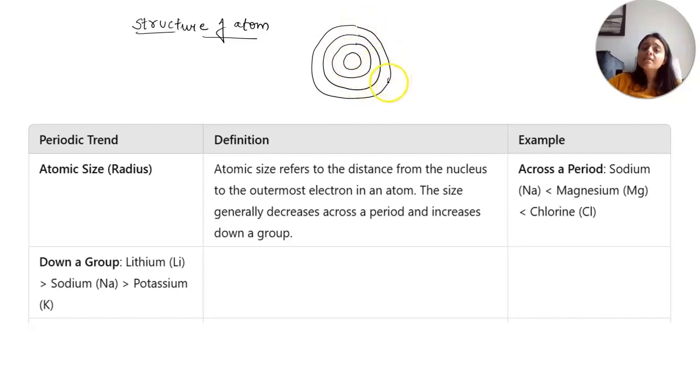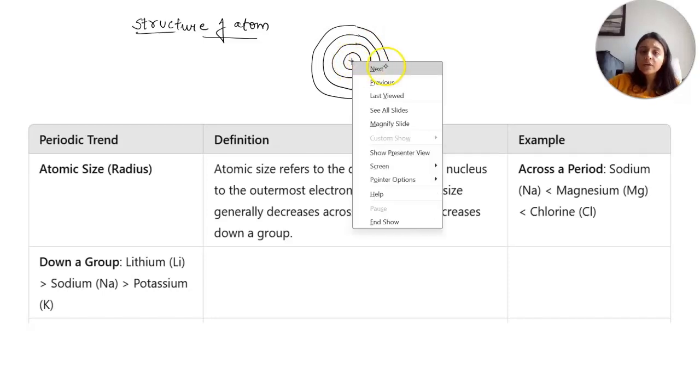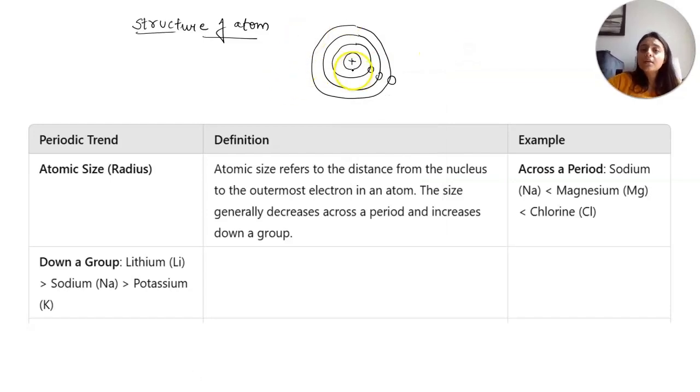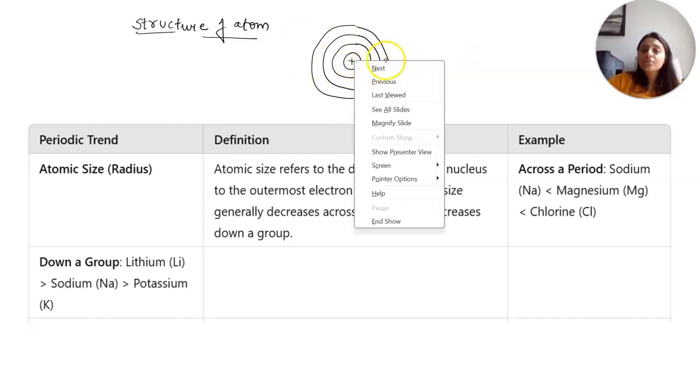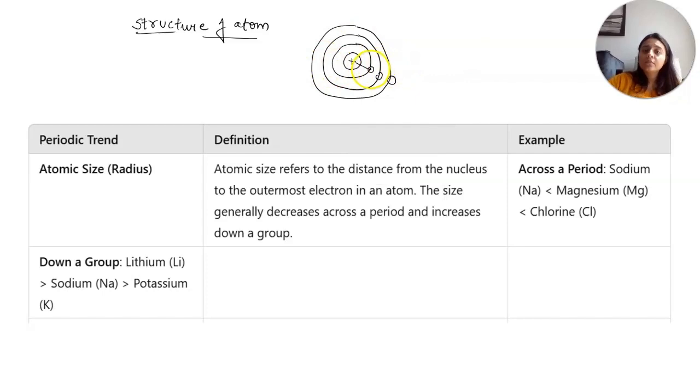These are the electrons present in the energy shells. This is the nucleus. From the nucleus to the last electronic shell, you can see this is considered as the radius of the atom. So the distance between the nucleus and the last electron of an atom is the radius.